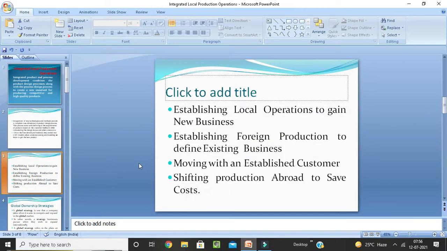Next thing, moving with established customers. This means customers can also be a reason for setting up plants abroad. In many industries, important suppliers want to keep the established relationship with plants at customer locations, and when customers build new plants elsewhere, suppliers move.